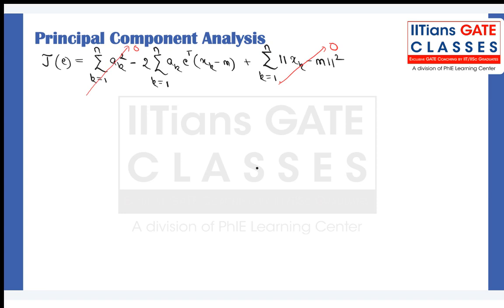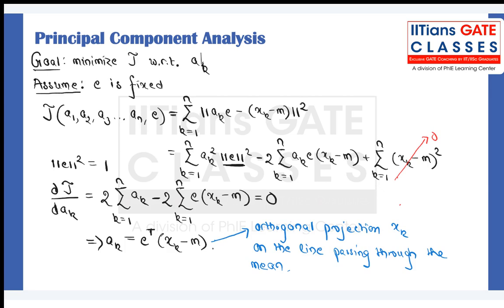If I differentiate this, it will be nothing but minus of summation. Again, I can ignore the constant because that is just for scale; it won't make any difference. One more thing that I will do here is substitute the value of ak that I found in the previous slide, which is E transpose xk minus m.